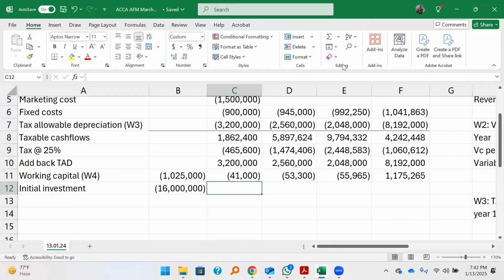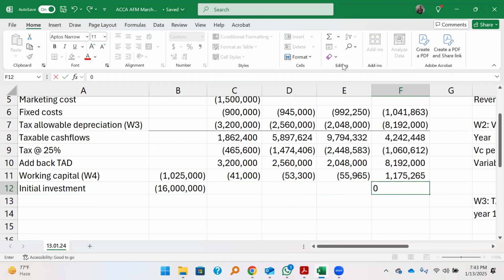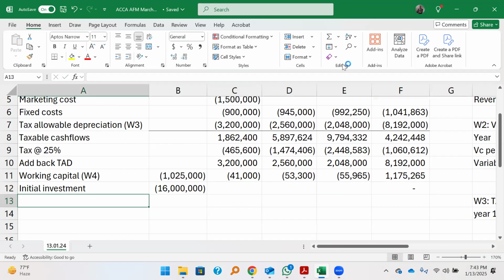And if you also have been given the scrap, you put it here. I'm just putting 0 so that you know that you can put scrap. You can put the scrap on the same line or another line, doesn't matter.